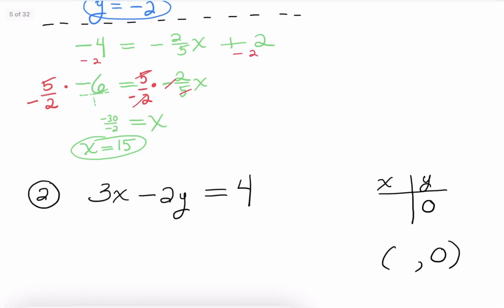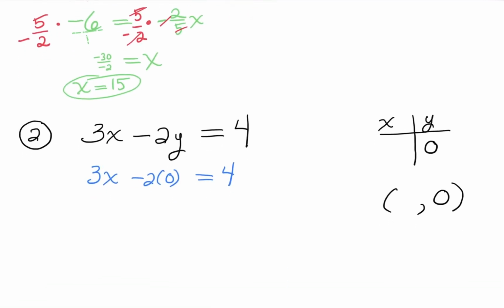All right, so I'm looking at my equation here, so I would have 3x minus 2 times 0 for y. Later we're going to do more with these. When you sub in zeros on a graph, you're getting something called an intercept. So subbing in a 0 can sometimes be nice because those whole terms just drop out.